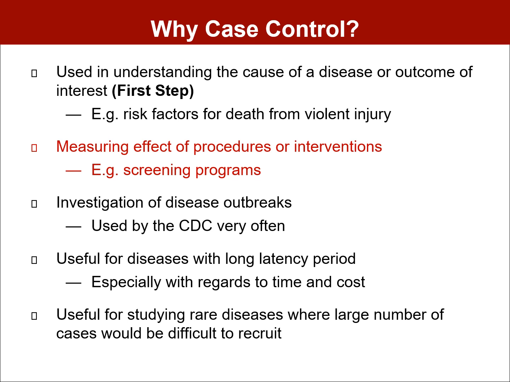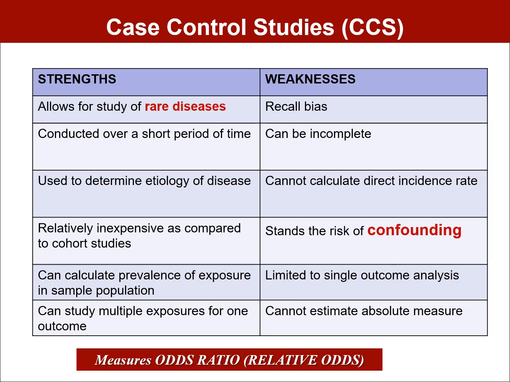So if a particular disease is rare, it means that it would take a while for you to identify enough people to make your sample relatively large. So in that instance, it would make sense for you to use a case control study. I already briefly talked about some of the strengths and weaknesses of a case control study, but this slide kind of summarizes it again.